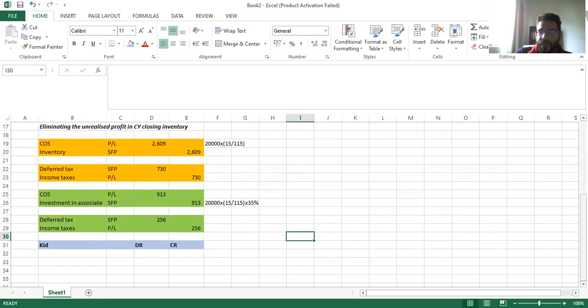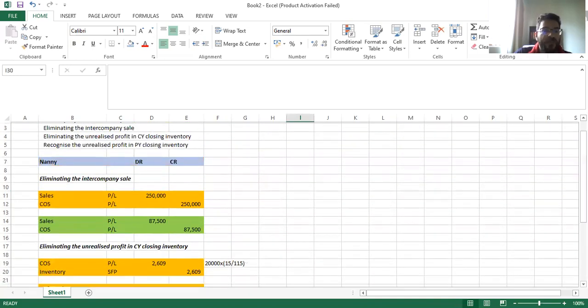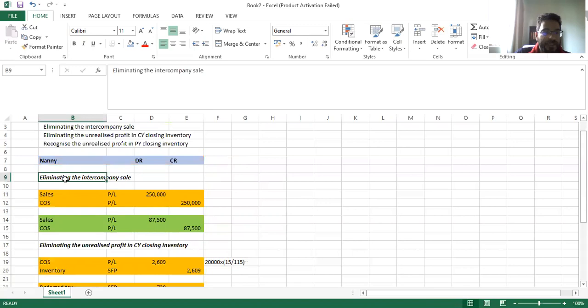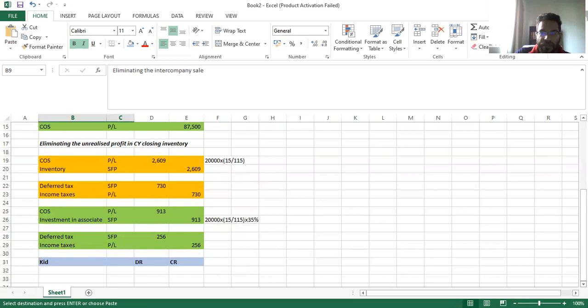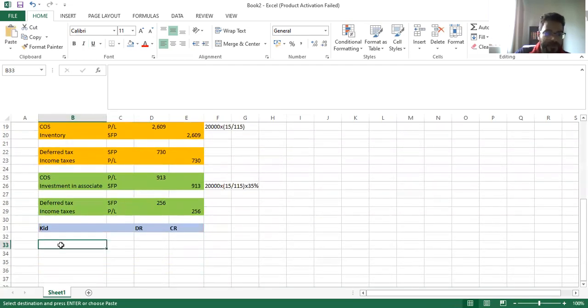Once again, I'm not going to do the parent-subsidiary part because it'll be the same. I'm just going to do it directly for the associate. The only difference here is that in the Buck and Nanny relationship, Buck sold to Nanny, so Buck, the parent, made the profit.